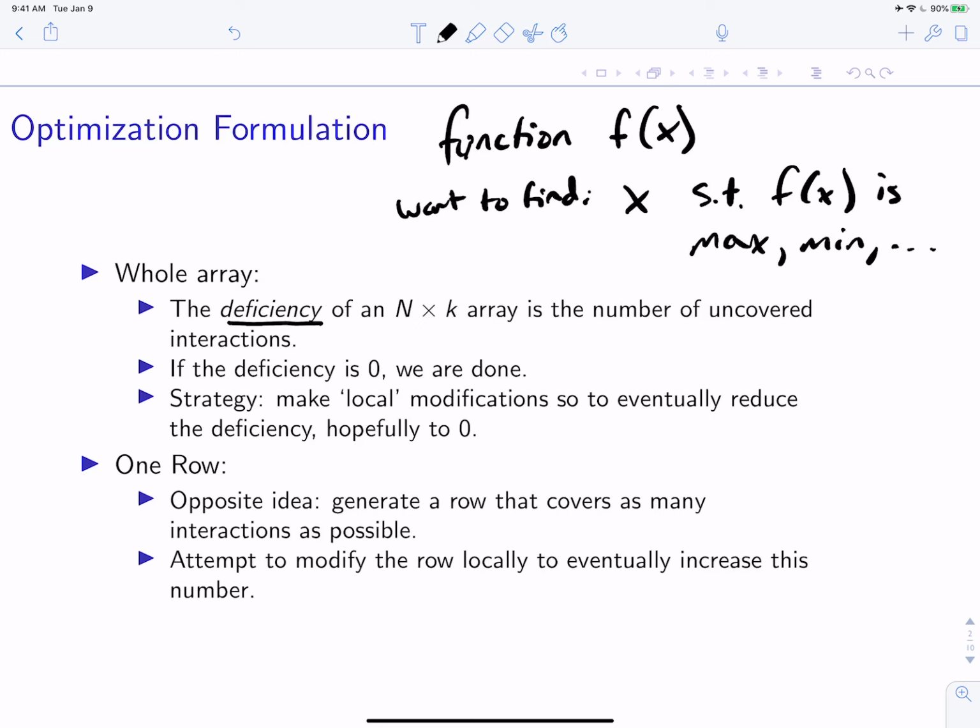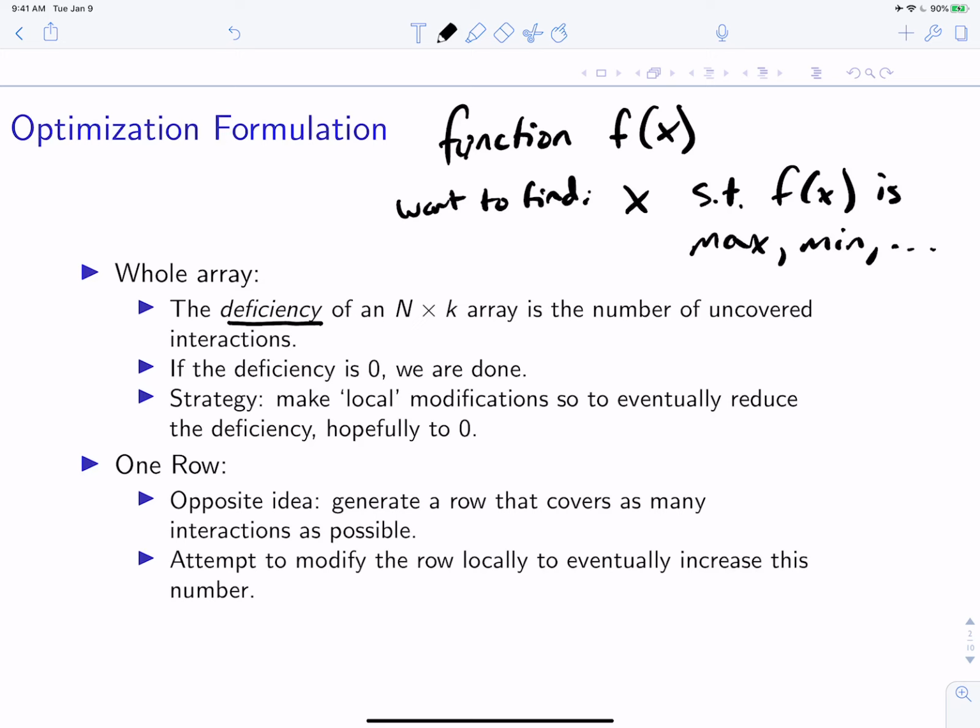But if you don't, the whole idea behind metaheuristics is, if we have some number of uncovered interactions, let's just change the array a little bit and see what happens. If we make a good change, great. If we don't, maybe we shouldn't do that change. Maybe if I change this 0 to a 1, it becomes a covering array. I don't know.